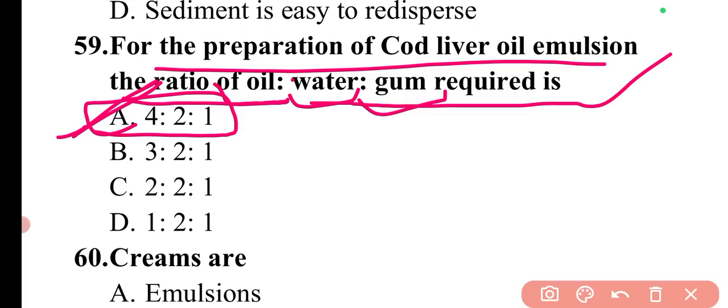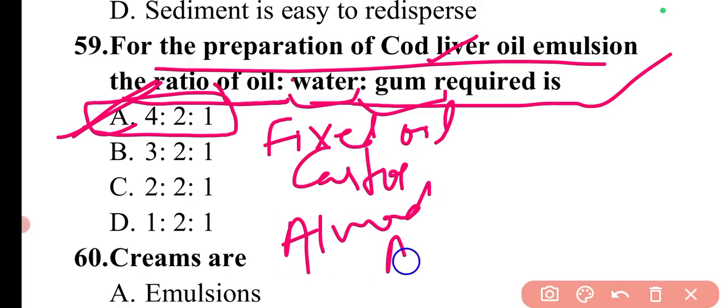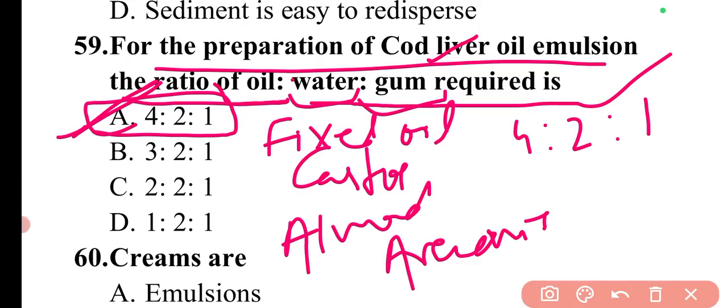If there are other examples, I will tell you the general types of oil. If it is a fixed oil, for example cod liver oil or castor oil or almond oil, or you can say arachis oil, then for all these kinds of oils the ratio is 4 is to 2 is to 1.